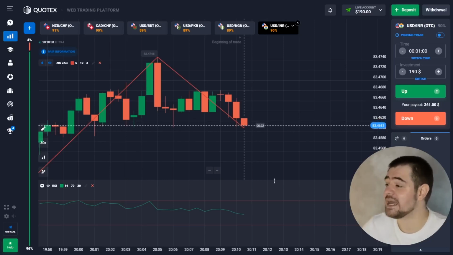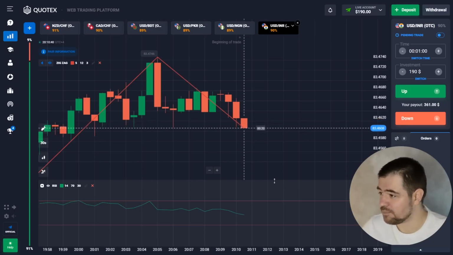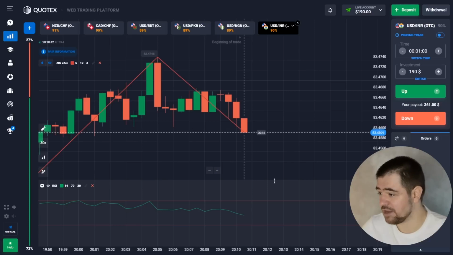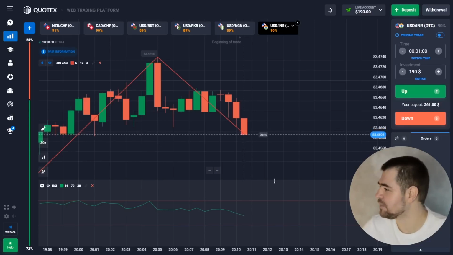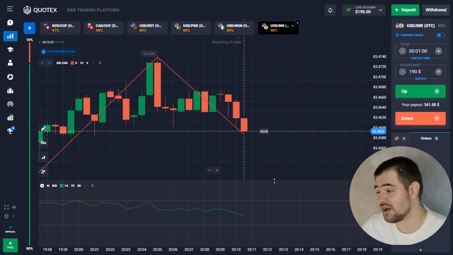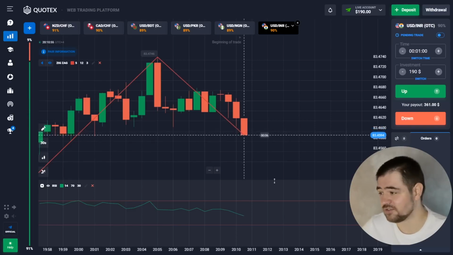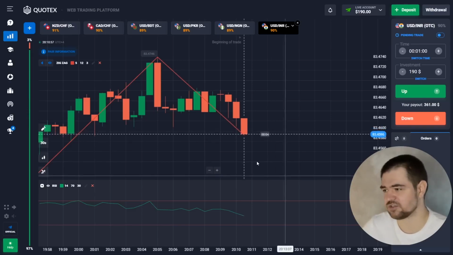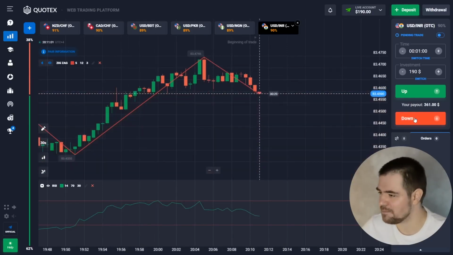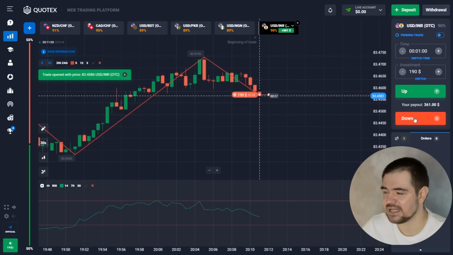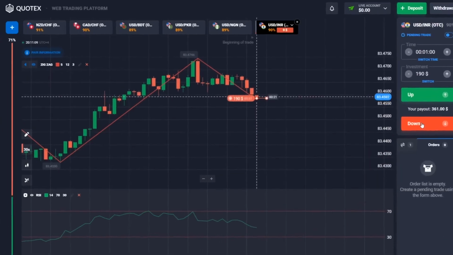The zigzag just drew a bearish indication, and we're going to make a put option here for sure. $190, 1 minute time. And you can see the RSI, the relative strength of the market, is actually going down. So let's make this option and wait for the result.